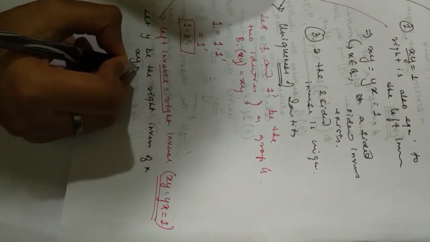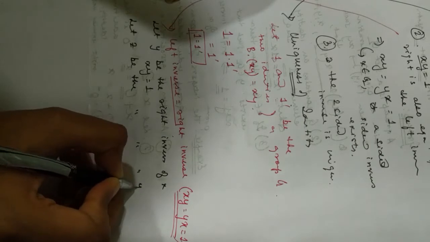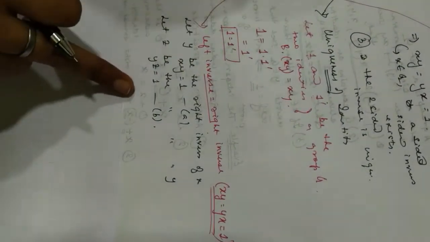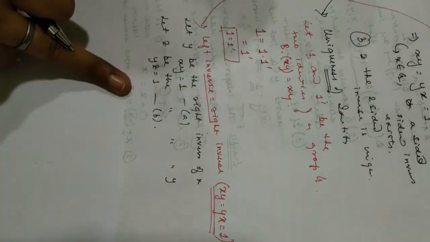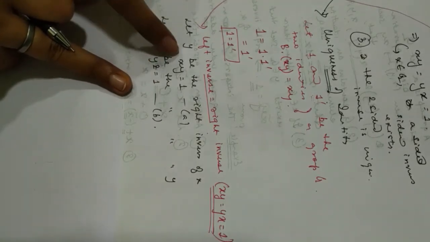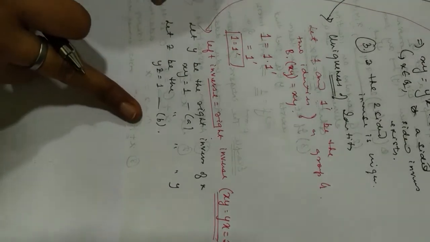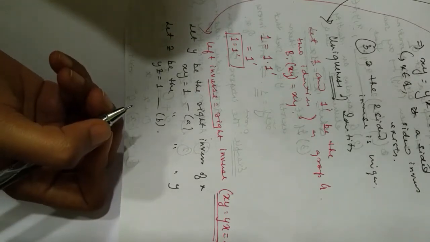That means xy is equal to 1, right? Let z be the right inverse of y. That means yz is equal to 1. You have considered these two. Now if we can prove x is equal to z, then only our motto will be served, right? If we can prove x and z are equal, that means the right inverse will be equal to the left inverse, right?